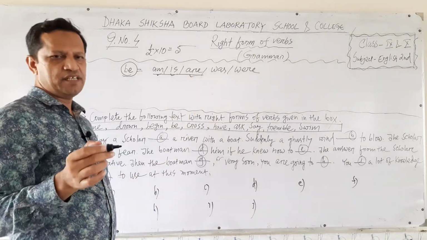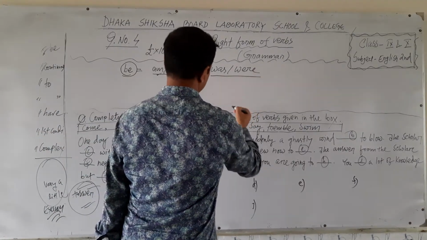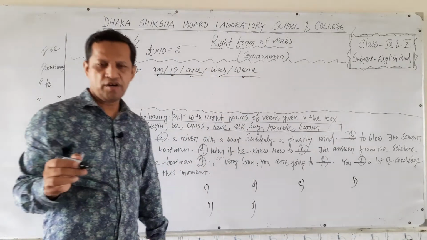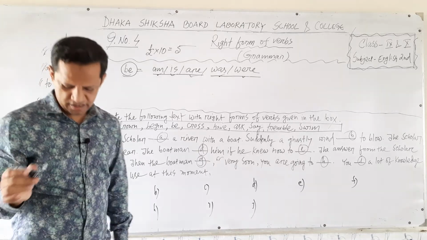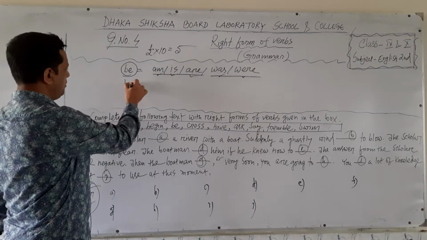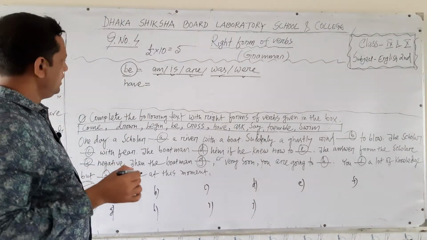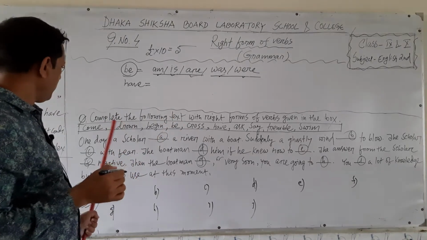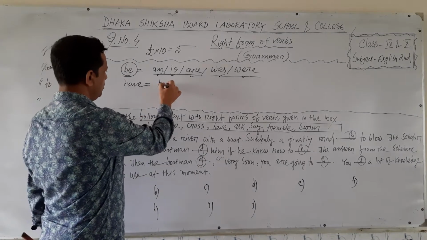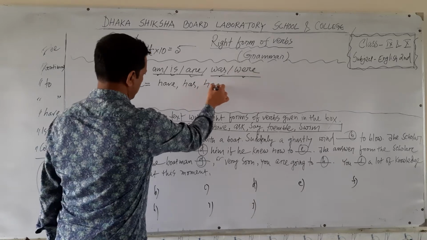If the passage is in past tense, then you have to use was or were according to the necessity of subject and person. So my dear students, have is called the have verb, and if you see have in the box, you have to choose have, has or had.